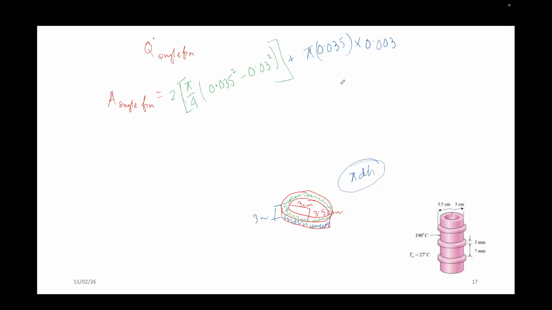So that is the formula. So you will get this total area. Please calculate, you will get an area, right? And based on this, you can easily find out this Q single fin, which is h A single fin into T b minus T infinity.